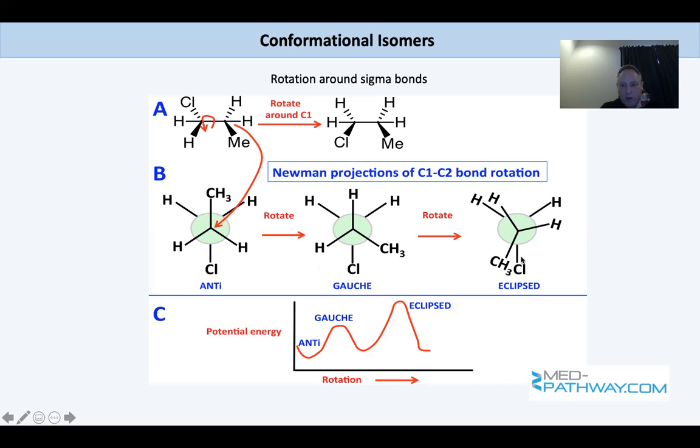So you see here in the eclipsed, when they're actually the closest together, that has the highest energy and it's the least stable of the conformational isomers of this particular compound.